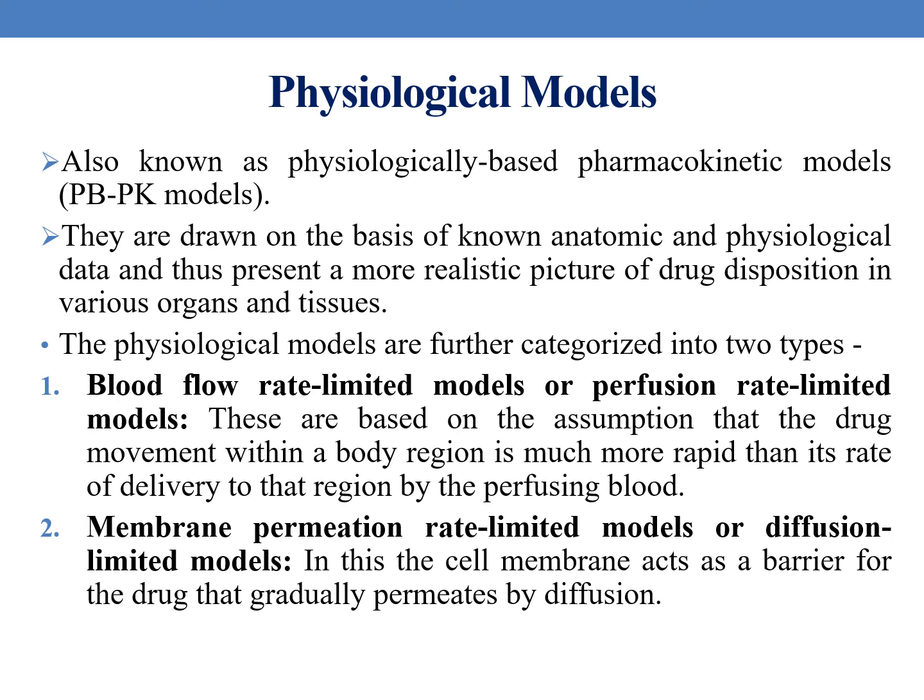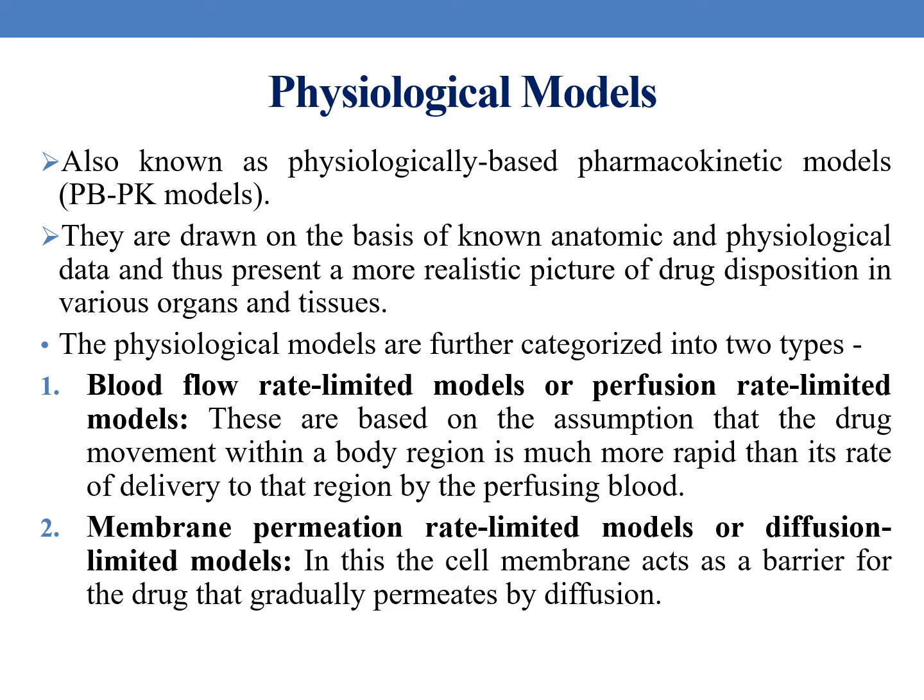Coming to physiological models, they are also called physiologically based pharmacokinetic models, PBPK models. They are drawn on the basis of known anatomical and physiological data and thus present a more realistic picture of drug disposition in various organs and tissues.